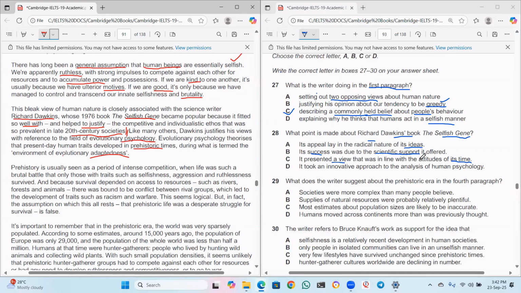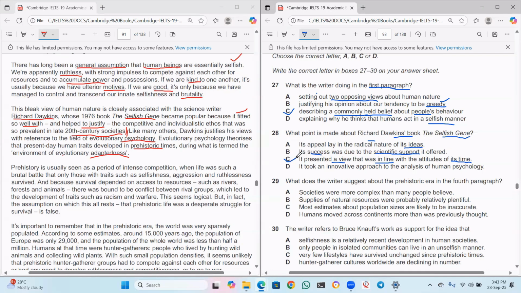Then attitudes means this competitive and individualistic ethos, that is the attitude of the time. And it fitted so well, fitted is the keyword here, means it presented a view that was in line. This view was in line, means this view fitted the attitudes of the time. Yes, this C is exactly matching with what is given.